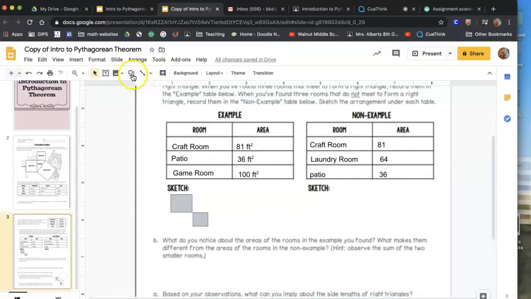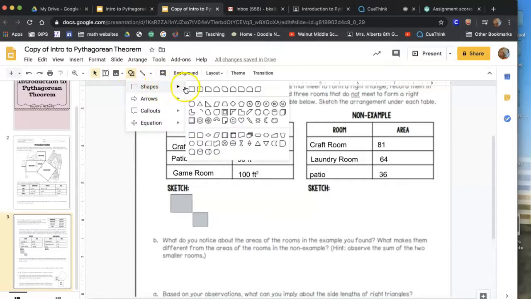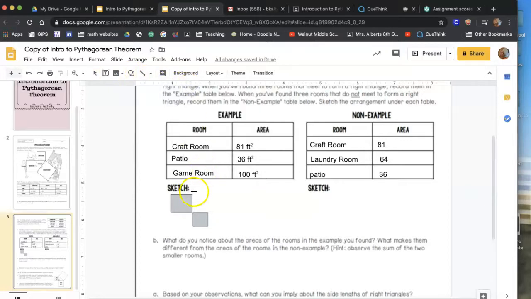And then go back up and pick another square in shapes. So that one we're going to have to mess with a little bit, but we can move it. And obviously we're going to have to rotate it.